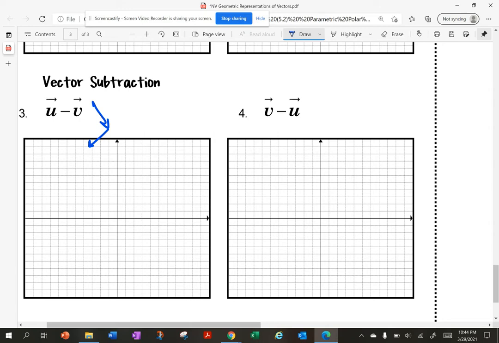Okay, so my vector u is 4 to the right and 8 down. So 1, 2, 3, 4, and 1, 2, 3, 4, 5, 6, 7, 8. So this is vector u.